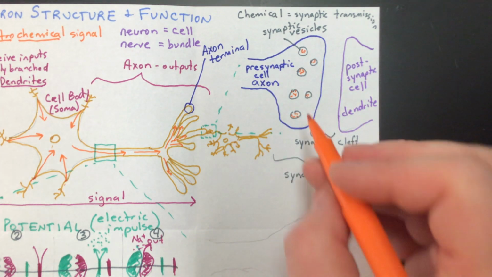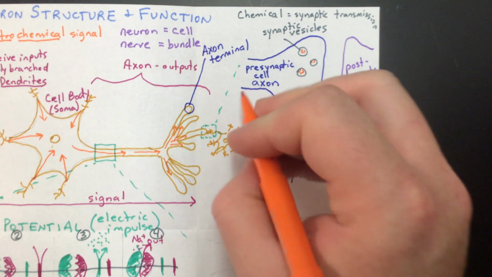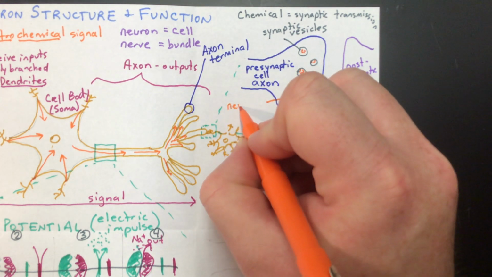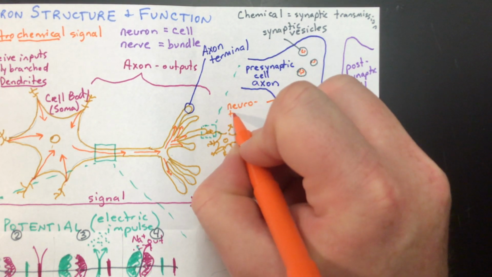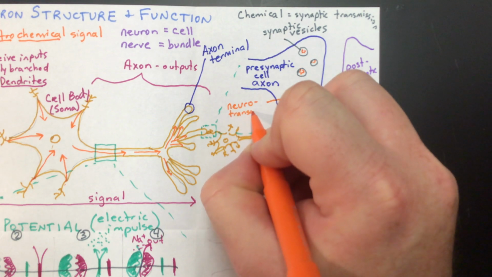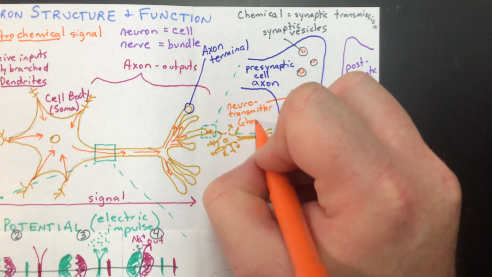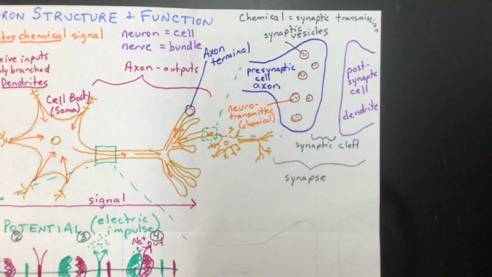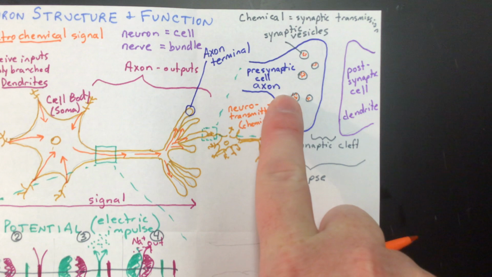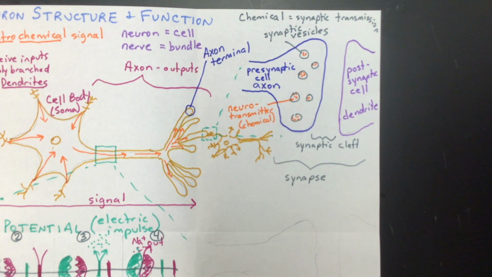So these chemicals are called neurotransmitters. Neurotransmitters are the chemical signaling molecules. And that's going to send a chemical signal across to the dendrite.